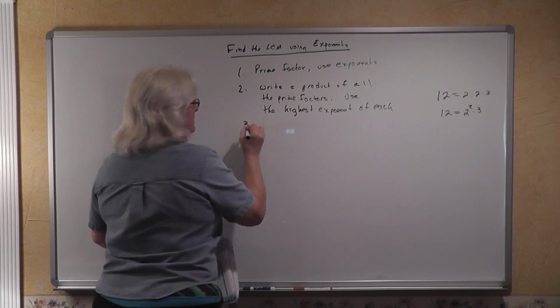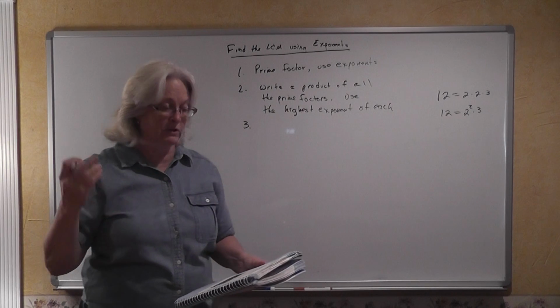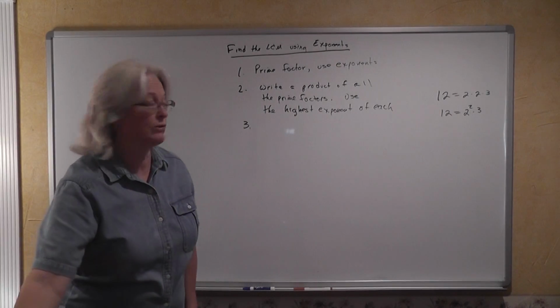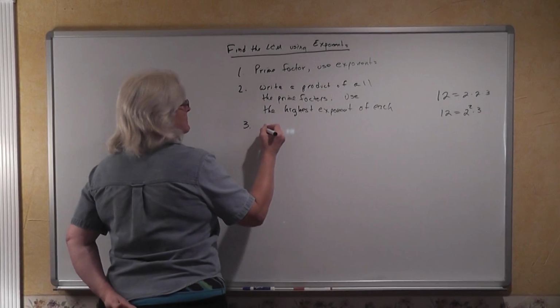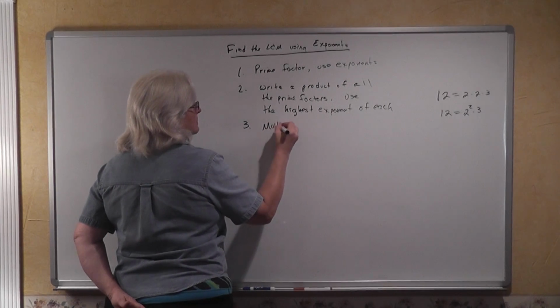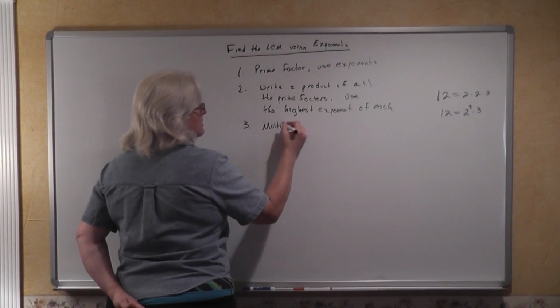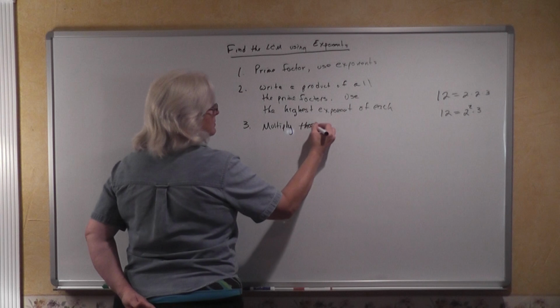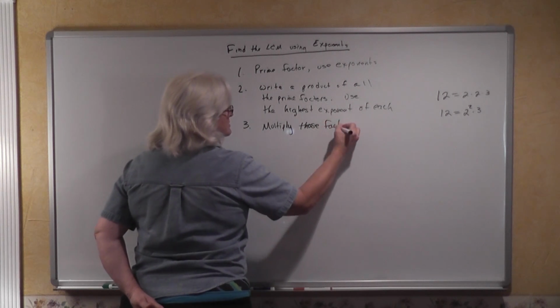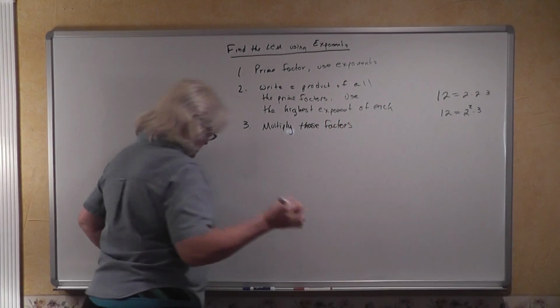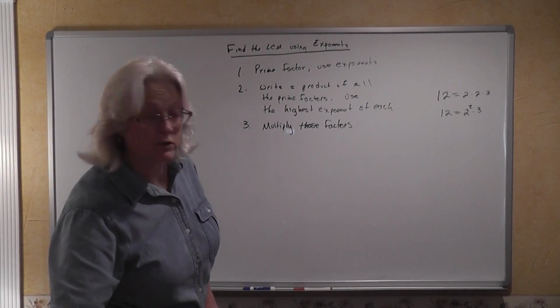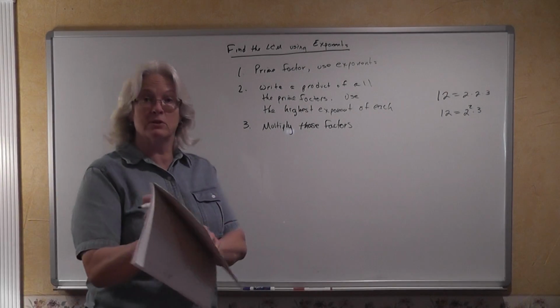And then finally, you simply have to multiply those factors together to get a number. We are going to multiply those factors. So, let's see what example 2 is in our text, and we'll see what we do.